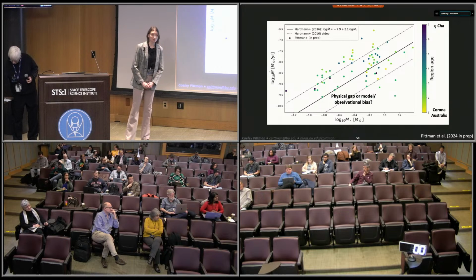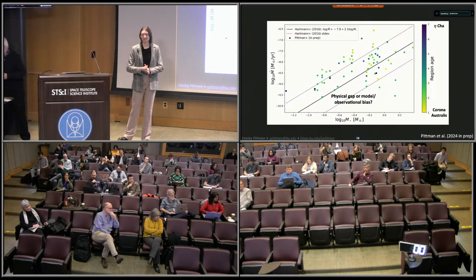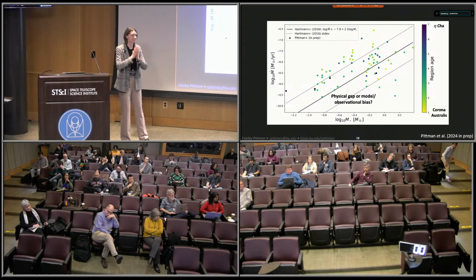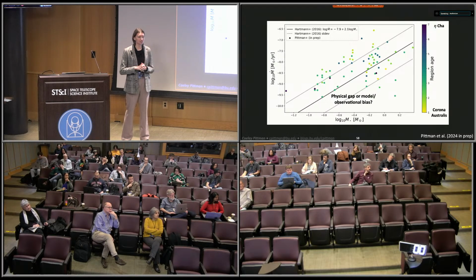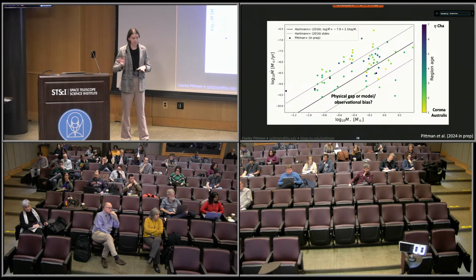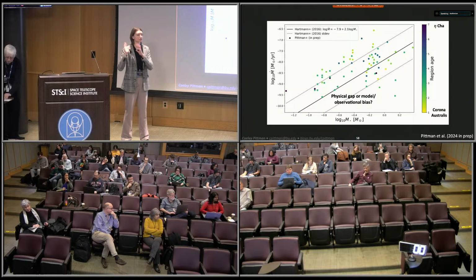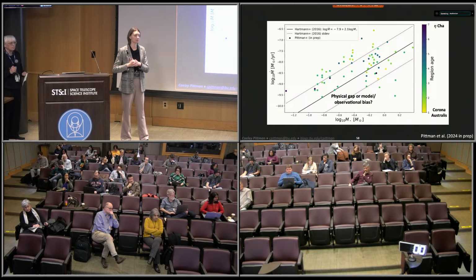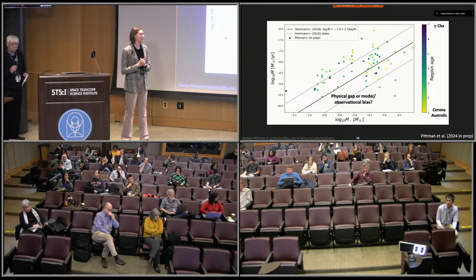Unfortunately, and this is something that we want to address, we don't have great extinction as a function of wavelength determinations for all of the different regions, especially a lot of the ones in this sample. My previous work found that a law determined specifically for the Taurus star-forming region applies well both to Taurus and to the Orion targets.